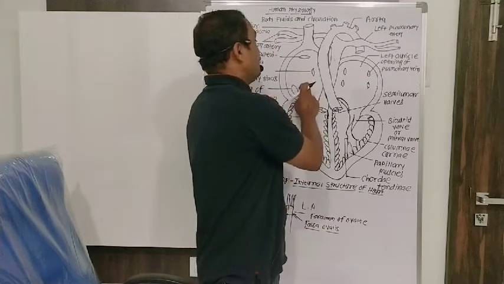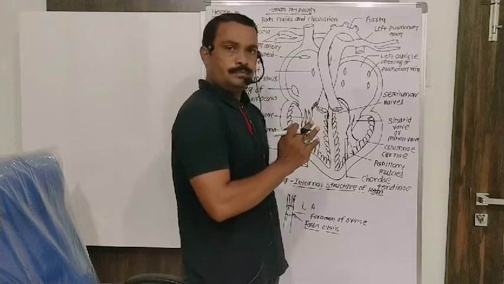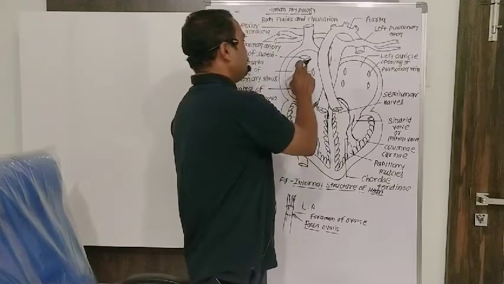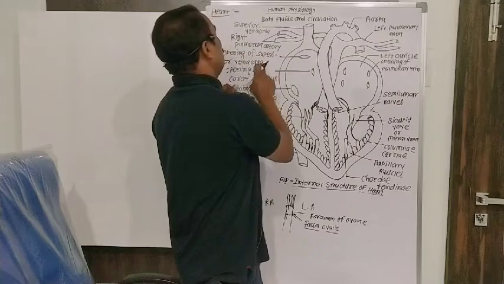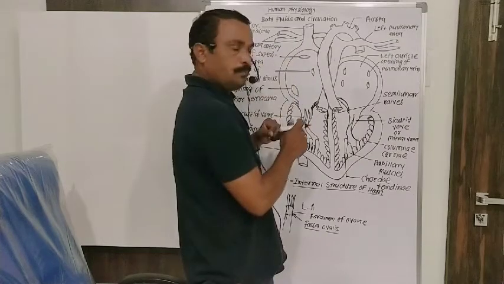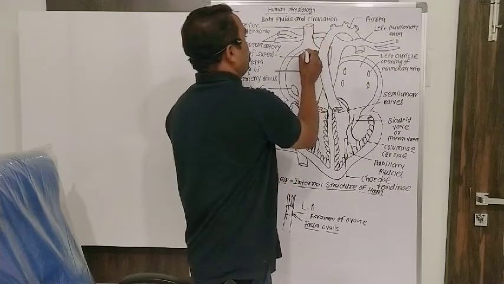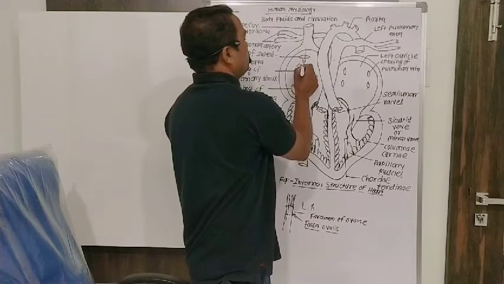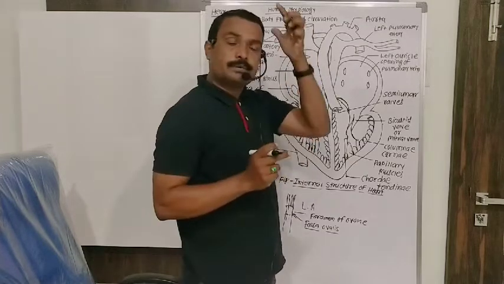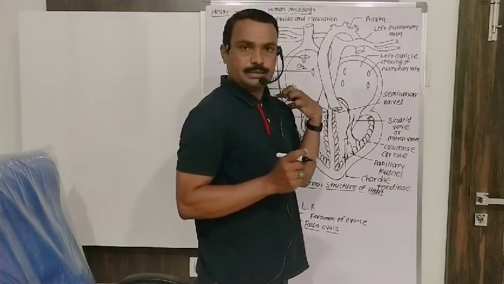Okay. Now first of all we study the first chamber present in the heart, that is the right auricle. The right auricle is larger than the left auricle. In the right auricle there are three openings. The first opening is the opening of the superior vena cava. The superior vena cava opens into the right auricle and collects deoxygenated blood from the head, neck and shoulder region.